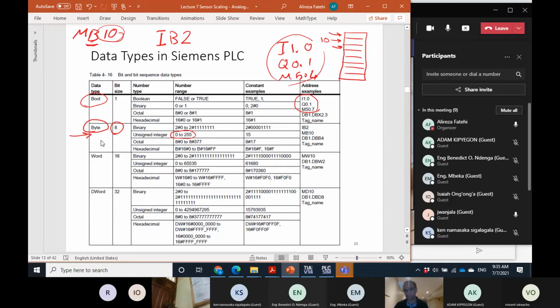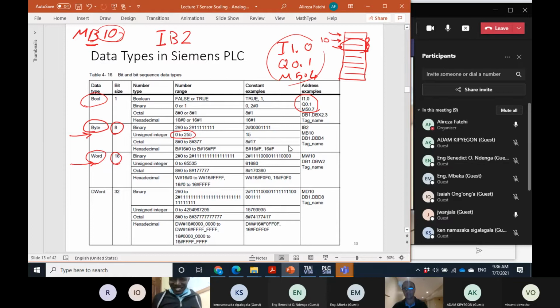We don't use this byte type most of the time. The one that we use is the word. Word, in fact, is 2 bytes. It's a 2-byte memory, so it's represented by 16 bits, or by 2 memory cells. How do we represent that with a W?